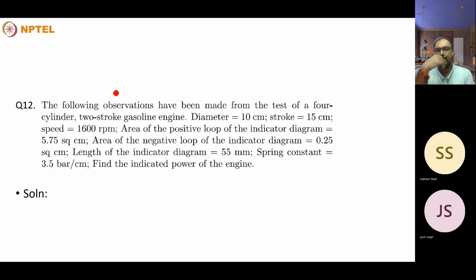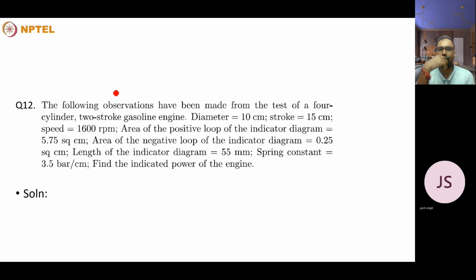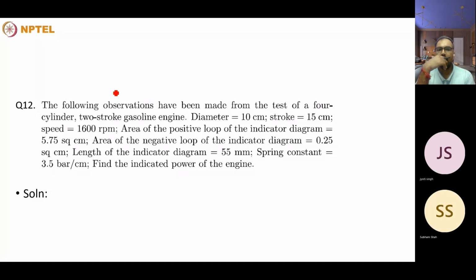taking all the state points, all the endpoints into account. In the problem we are given the area of the positive loop. The loop will be clockwise in the case of a positive loop, and it will be anti-clockwise in the case of a negative loop.